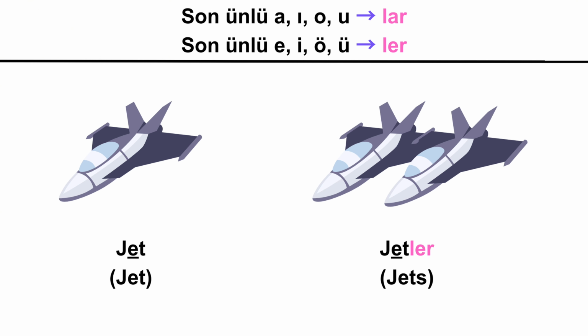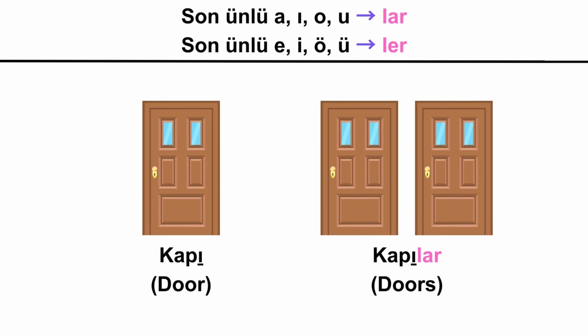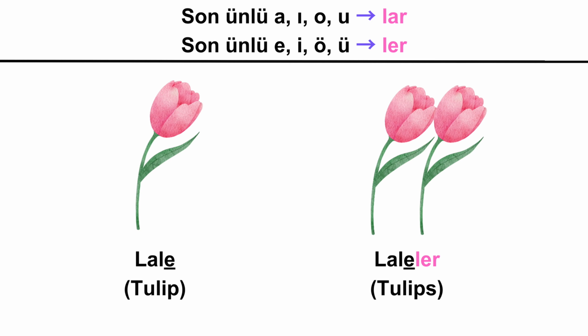Jet, jetler. Kapı, kapılar. Now we see an example of a word that is ending with a vowel, and the vowel is ı. Therefore, we will put lar because it belongs to the first group. Lale, laleler.